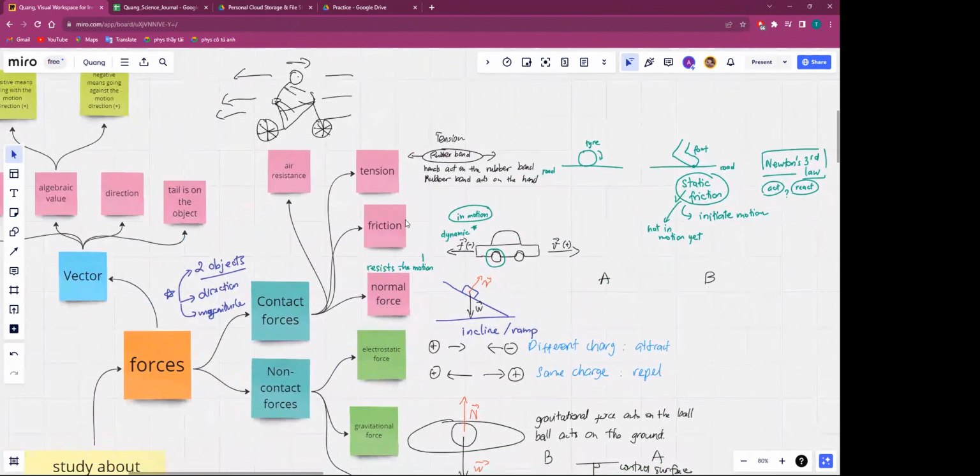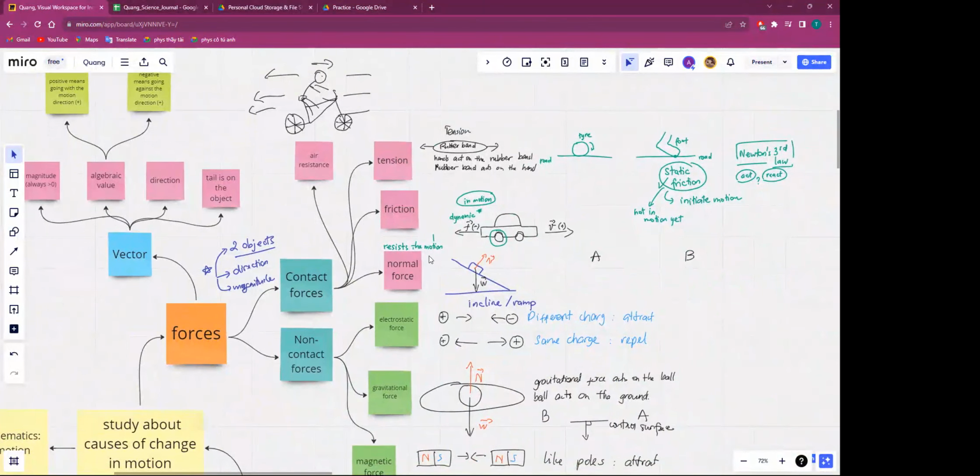Then we have friction, which is shown in the image when the car is moving and the tire is in contact with the road or the ground, and it creates a friction that goes the opposite way of the motion direction.